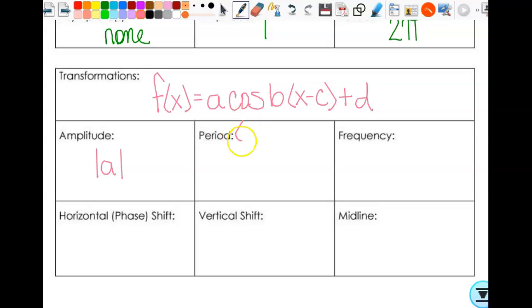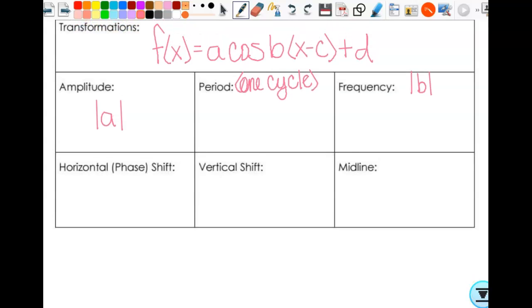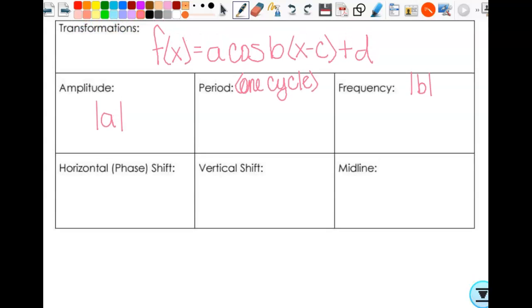Period is still 1 cycle. Frequency is the absolute value of b. Okay? And one of them leads you to the other one, depending on which direction you need to go, whether you're going from the equation or into the equation.